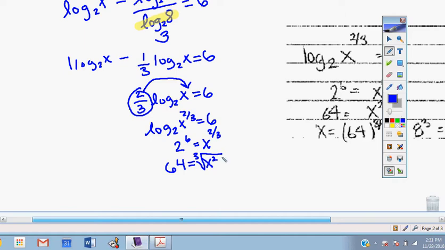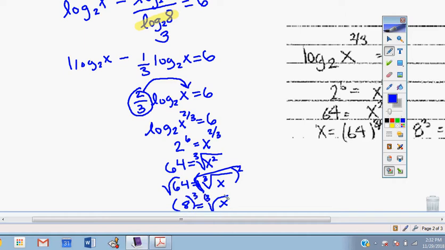So what could we do? There's a couple ways to think about it. You could think of this as 64 equals the cube root of x, and then put the squared out here. So one way to do it would be to take the square root of both sides, and then you would just have the cube root of x equals 8, and then we could cube both sides.